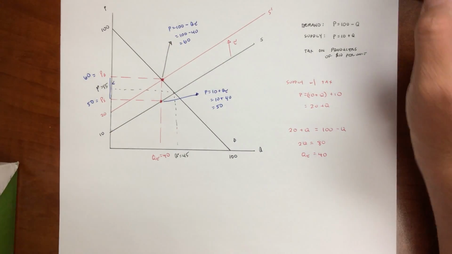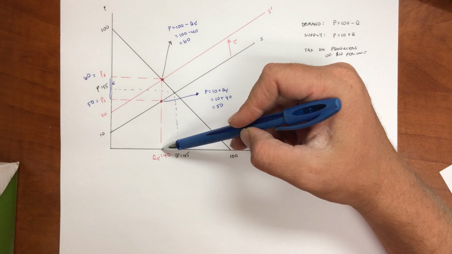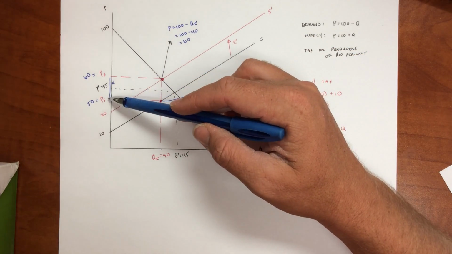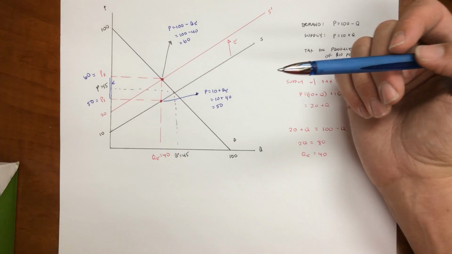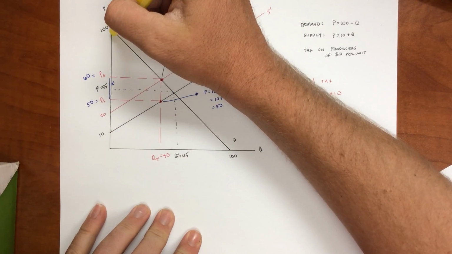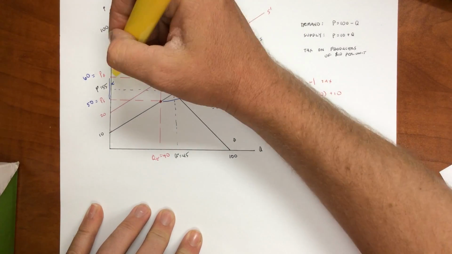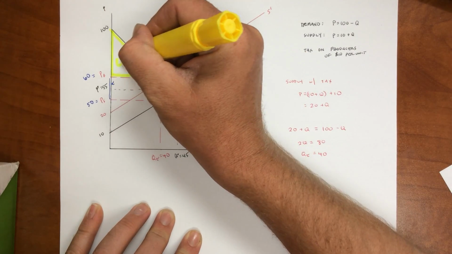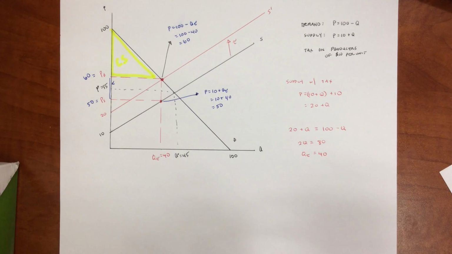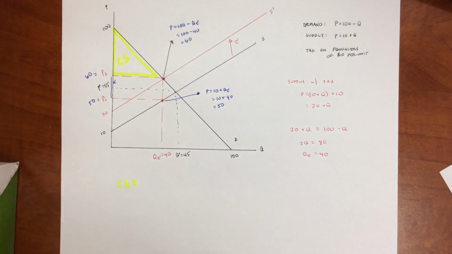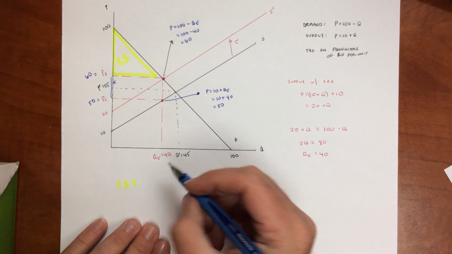So now we've solved all the key points. We know the new quantity is 40, the price the buyer pays is 60, the price the seller receives is 50, and the difference between those is the size of the tax, which is 10. So now I can calculate consumer and producer surplus. This triangle here is consumer surplus, which is 1/2 base times height.